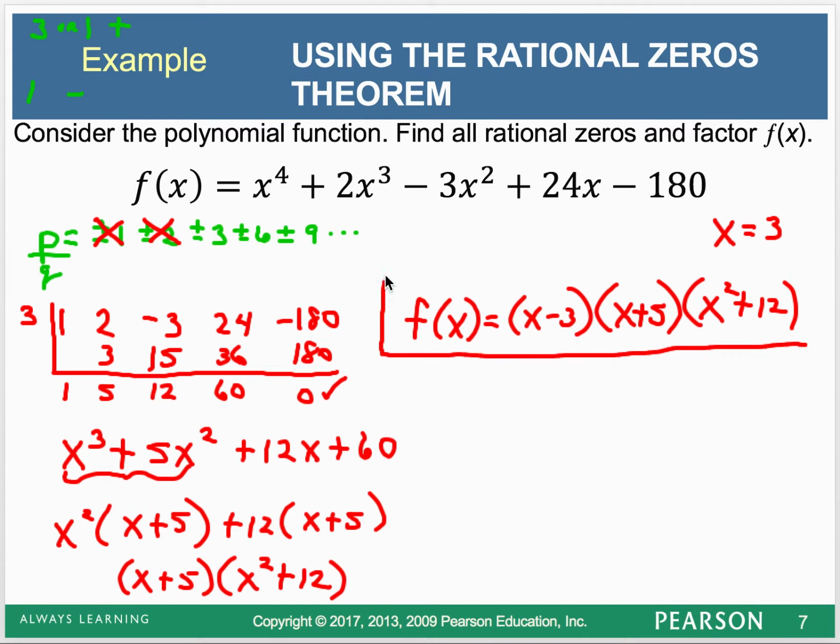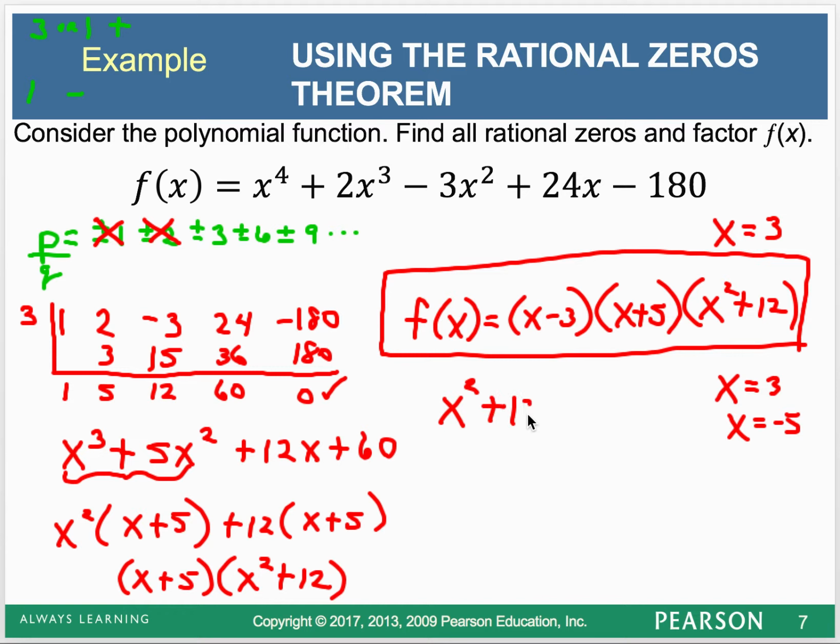All right, so there it's factored. Now to list my zeros, I have x equals 3 and x equals -5 from this factor, but we're going to have to set this equal to 0 and solve it for those zeros.